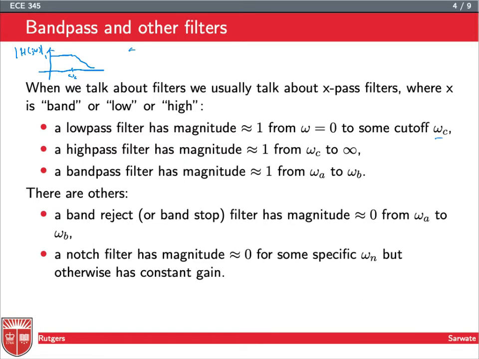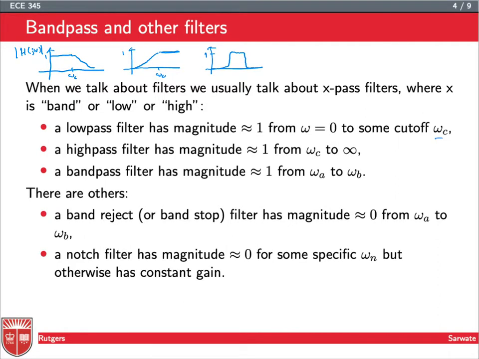A high-pass filter, on the other hand, has a magnitude that's 1 for high frequencies, but at some omega c and below, it starts going to 0. So that's a high-pass filter. A bandpass filter is one which has magnitude close to 0, then it's flat near 1, and then it goes down again.